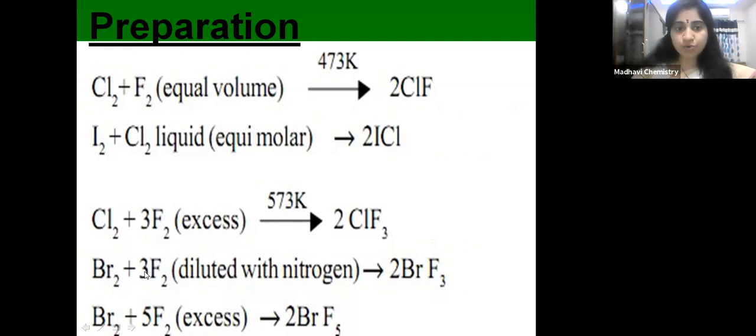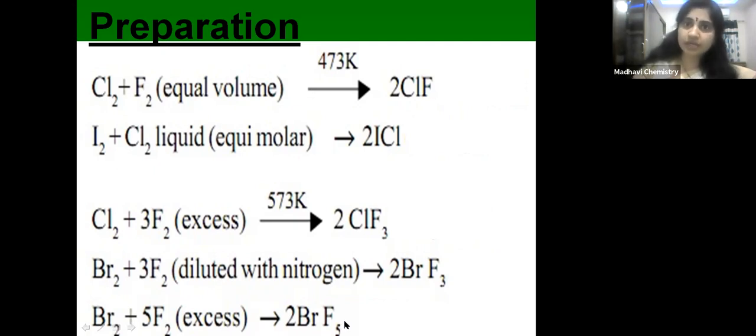Similarly, Br2 plus 3F2 in a 1:3 ratio gives BrF3. Similarly, Br2 with 5F2 is a 1:5 ratio, that is excess of fluorine, so we get BrF5.